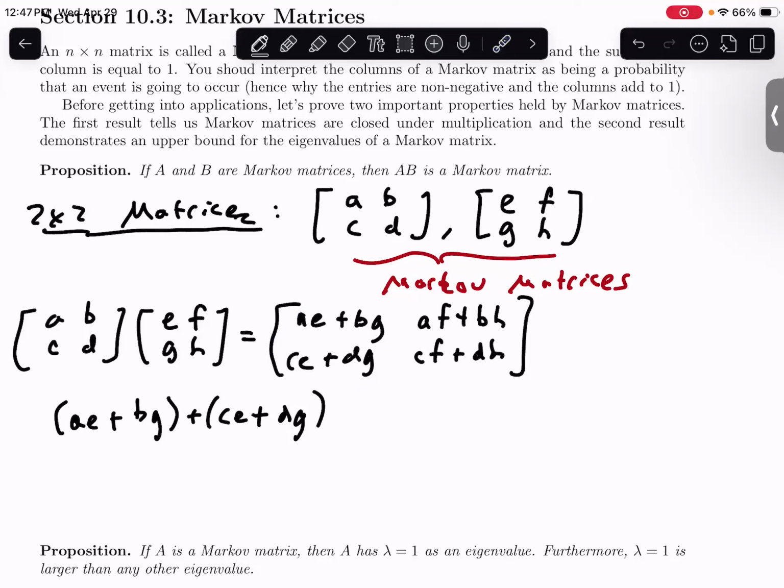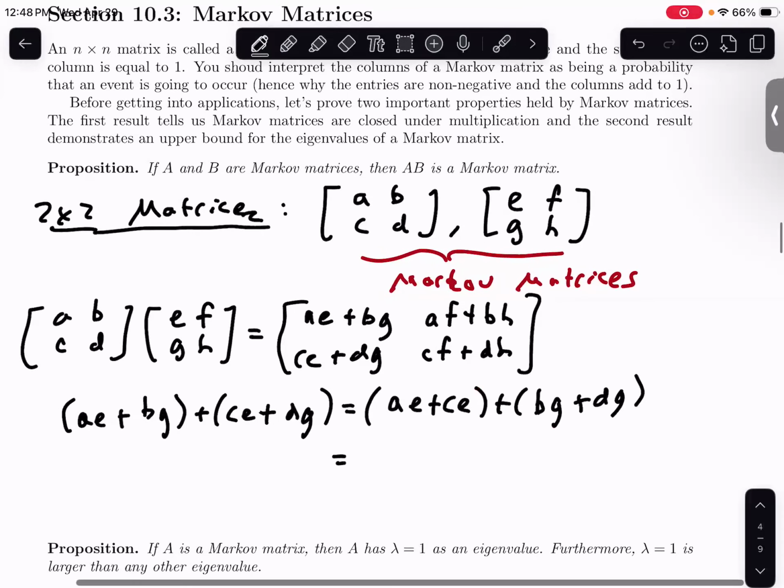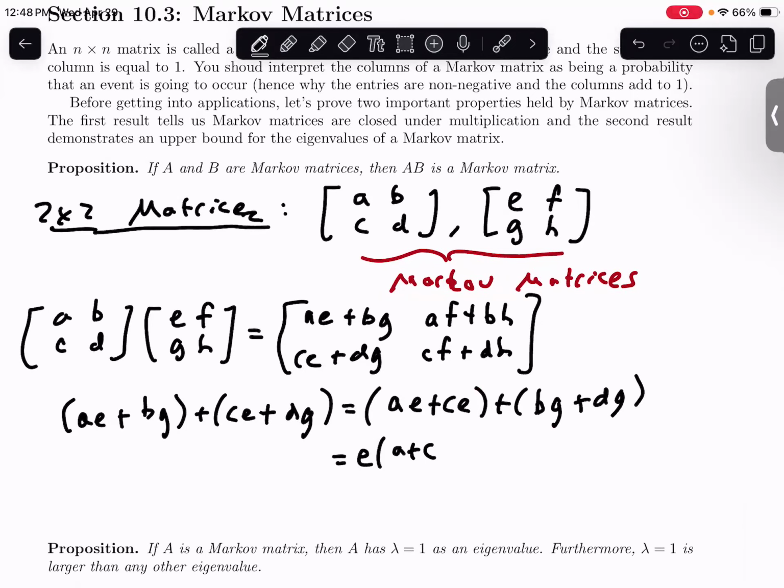So I'm going to pair those terms together. I'm going to move things around, write this as AE plus CE, and then plus BG plus DG, like so. And so what I can do is factor out the E from the first term. So this is E times A plus C, then you have G times B plus D.